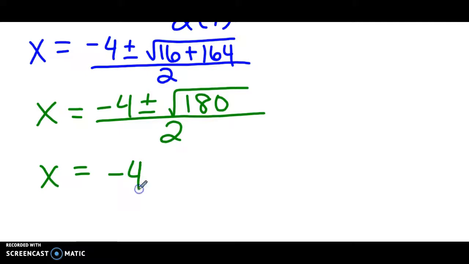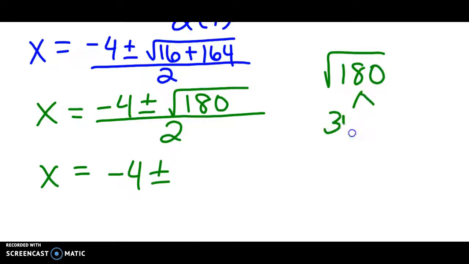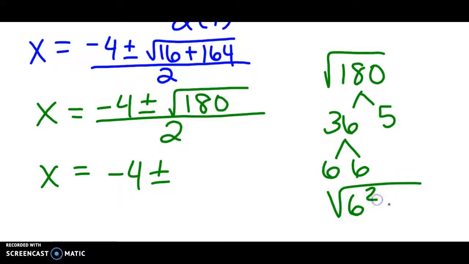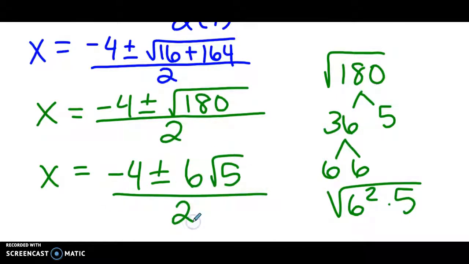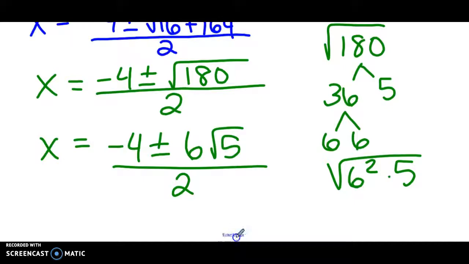So this gives us negative 4 plus or minus the square root of 180 has a perfect square of 36 in it. So 180 is really the square root of 6 squared times 5, which is just 6 root 5, all over 2. And then we need to go ahead and simplify.